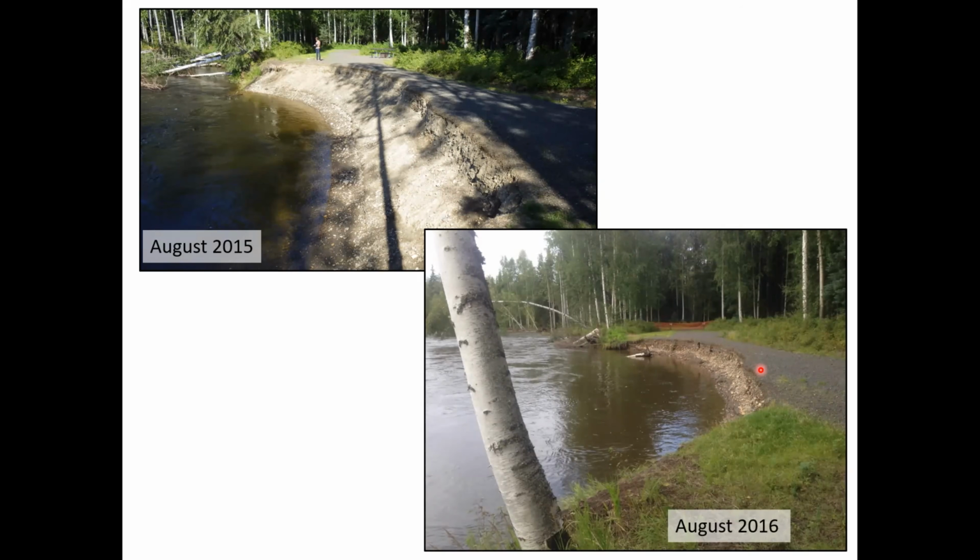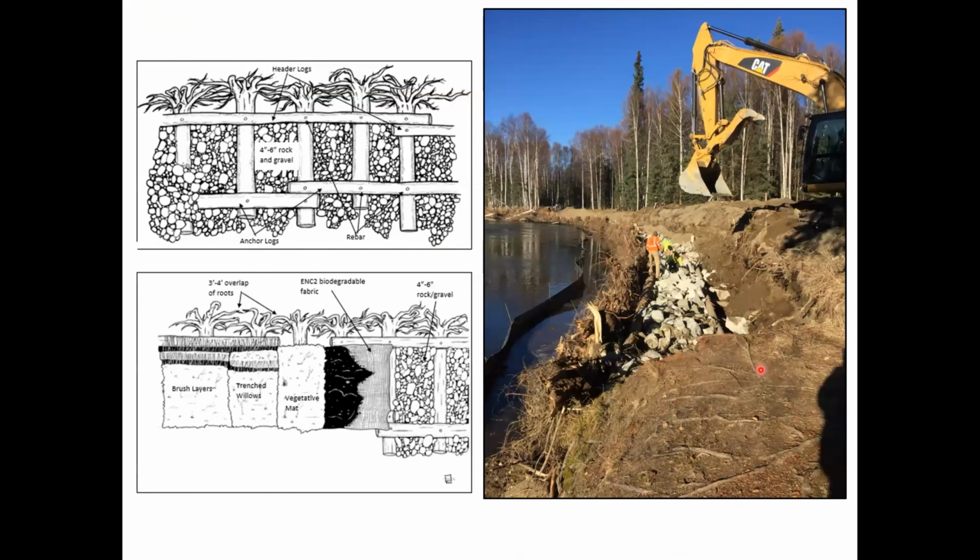So in fall, October of 2016, DNR, State Parks, Fish and Game, and U.S. Fish and Wildlife Service came together and decided it was time to do something. In this case, installed root wads. And so you can see here, all of the root wads are installed, and the cribbing, the rock-filled cribbing, is actually being installed also.